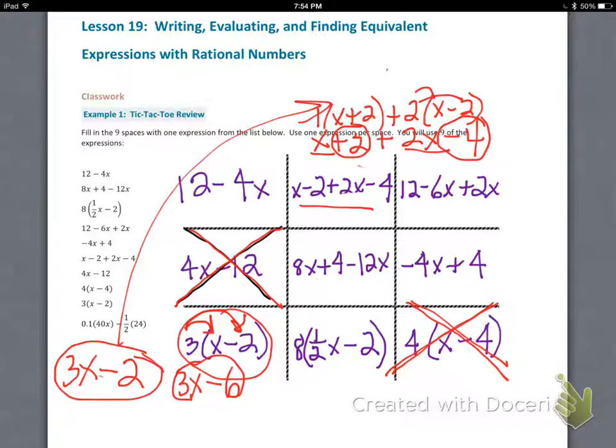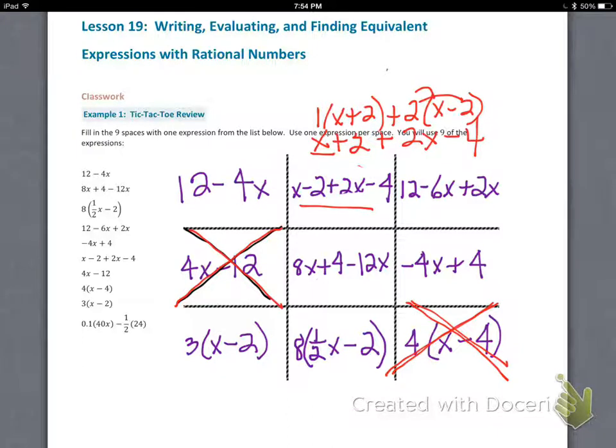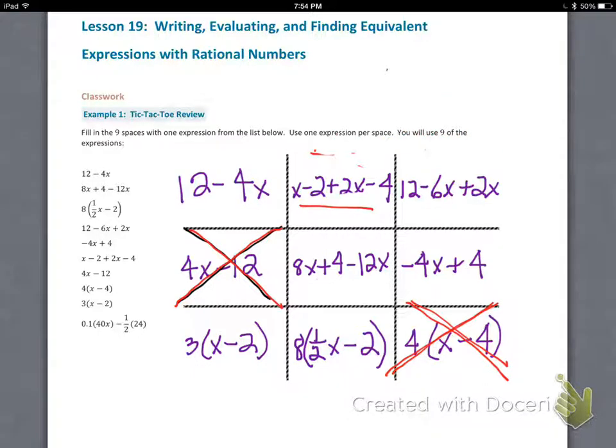Okay, and I've looked at the rest of the board, and this does not exist anywhere on the board. So just take all that out. We do not have, in fact, an equivalent expression for this one here. So let's go ahead and erase that, and let me throw up the next one.